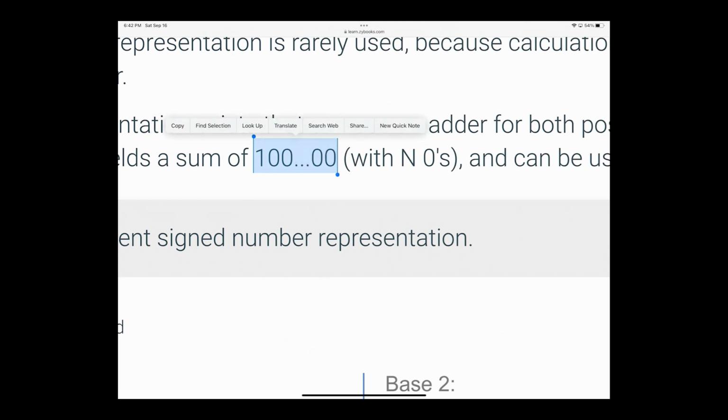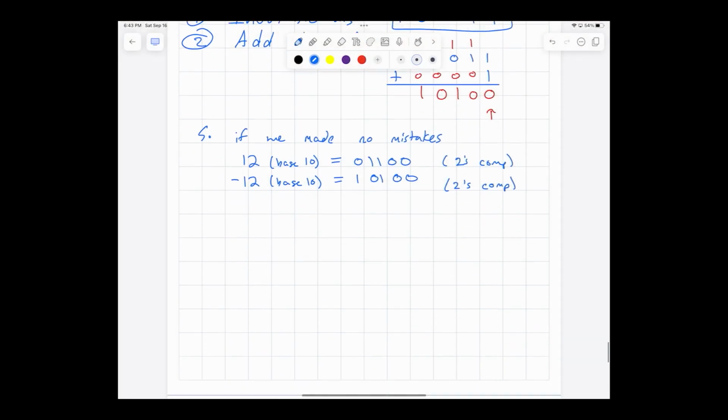And you're supposed to have n zeros. So if we were just adding these two 5-bit numbers, we should get 1 and then 5 zeros if we add those numbers together. So let's just verify that property.